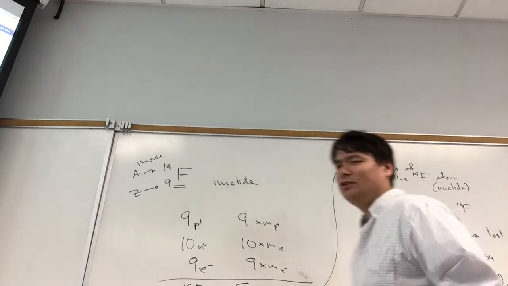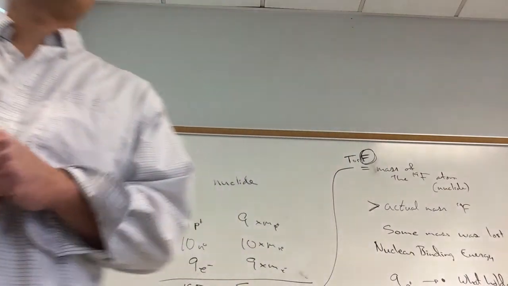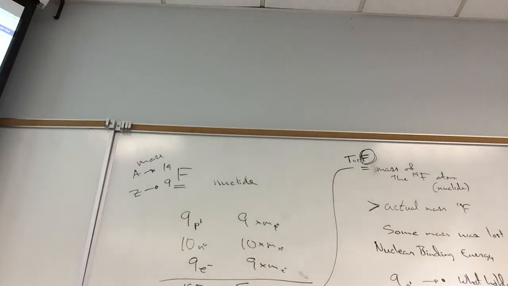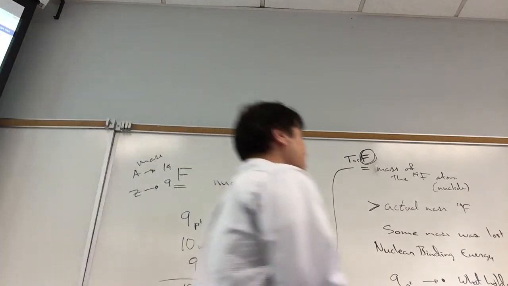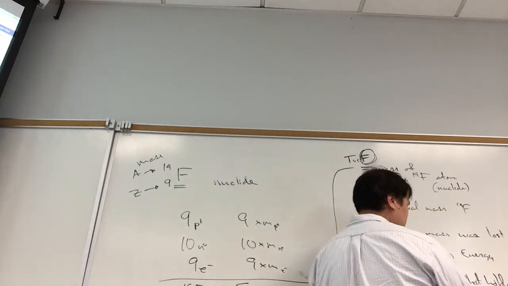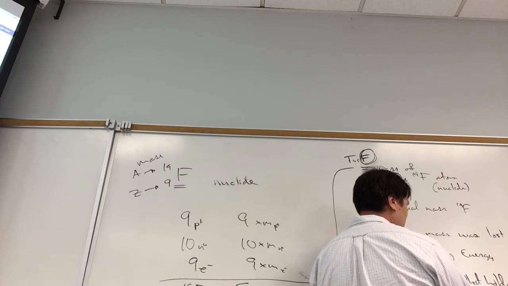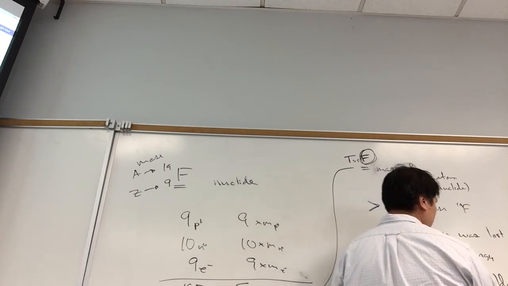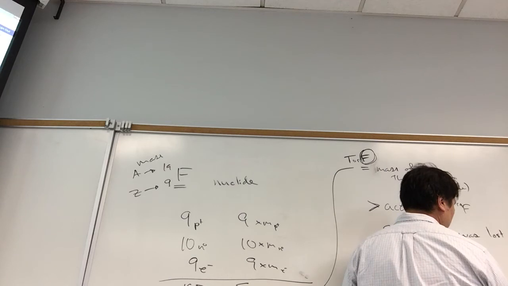Yeah. So neutrons might be the glue that holds the protons together, right? Yeah. But well, we're going to say what holds these together, at least in terms of energy, is the nuclear binding energy.